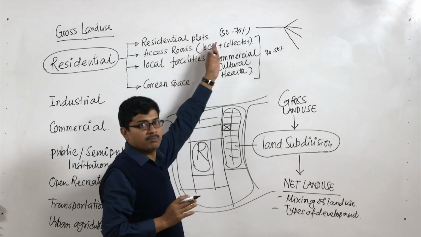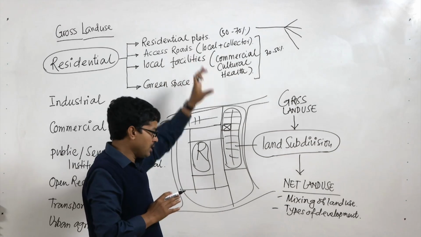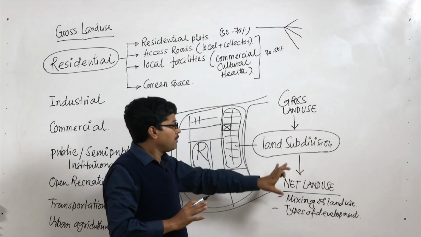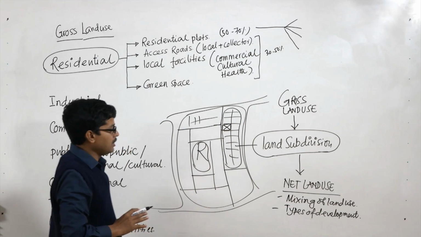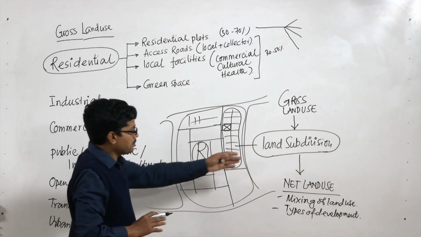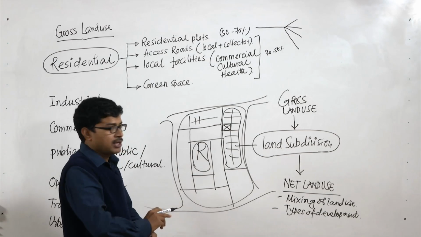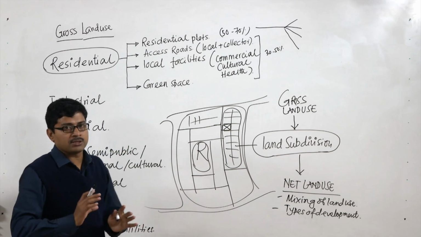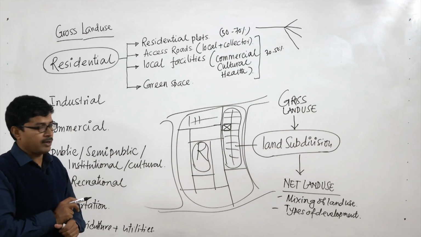This part will come later when we make a detailed plan of the residential area or housing, but as of now we can understand that the gross land use plan leads to land subdivision, and then we get the net land use. Net land use is nothing but the net indication of the net plots, the mixing of the land use and types of development.